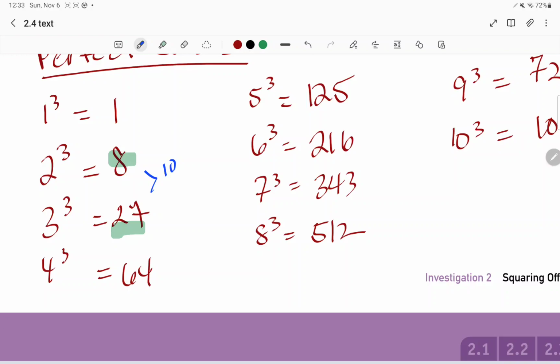Part 2, which whole number from part 1 is it closer to? Well, 2 is the whole number that you're looking for, so it's going to be closer to 2 than it is to 3. And then number 3 says, without using a calculator, estimate the value to 1 decimal place.